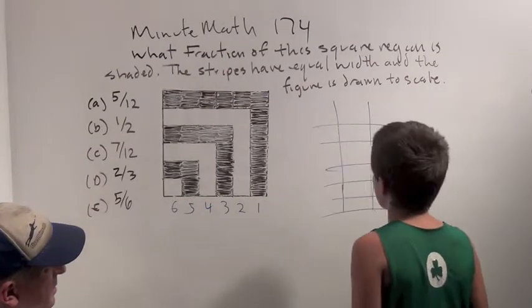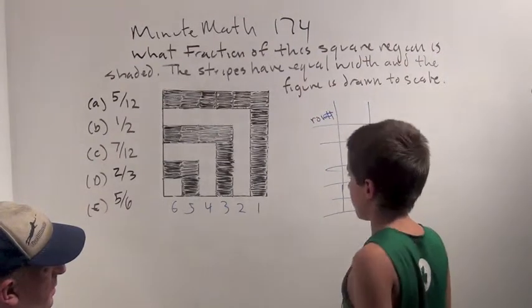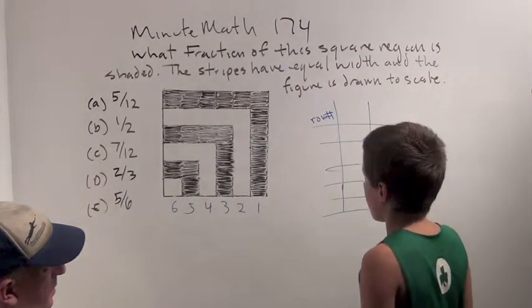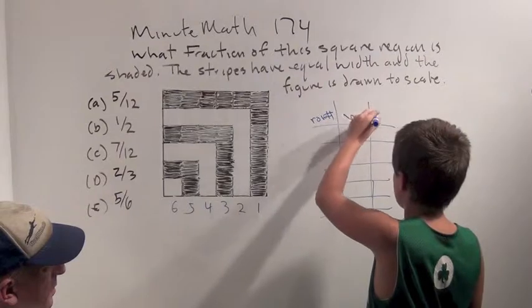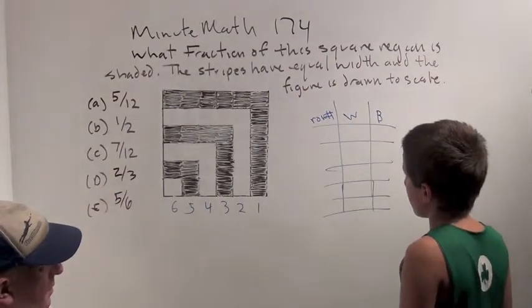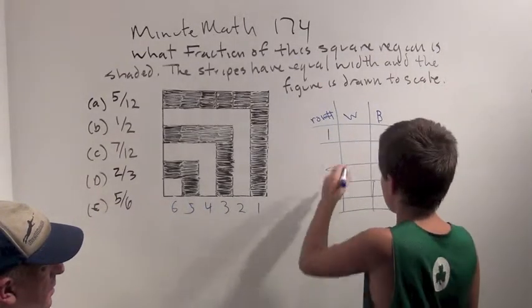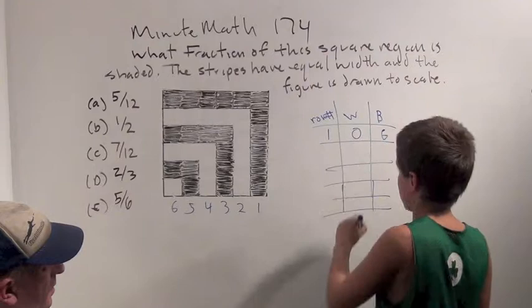Okay. So we have row number, and then I'll say whites and blacks. Okay, great. So in row number 1, we have no whites and 6 blacks.